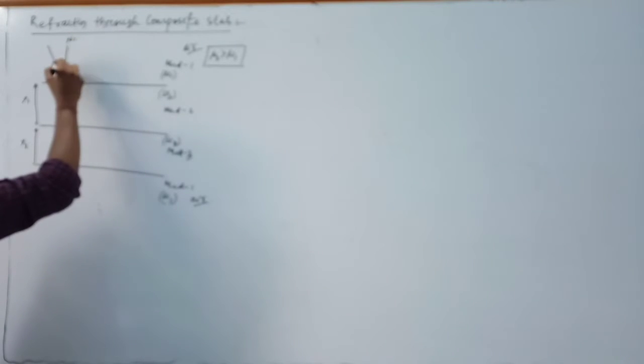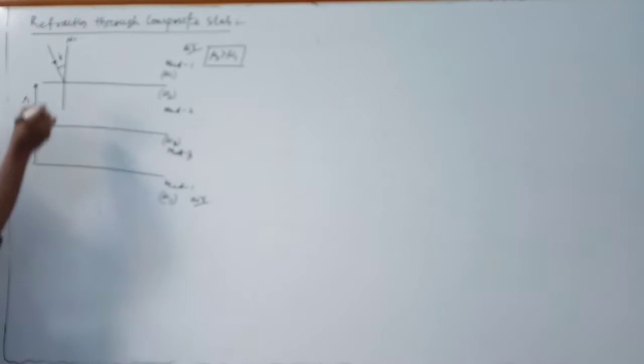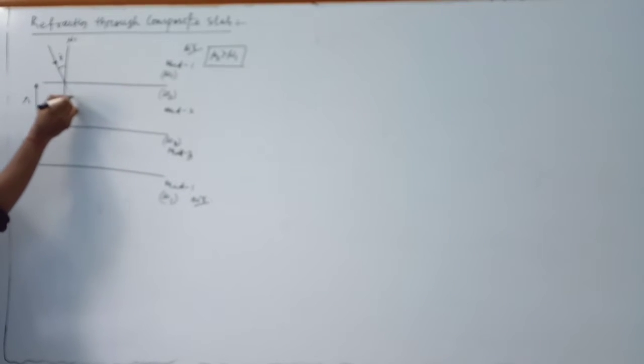Suppose this normal is N1 and this angle is known as the angle of incidence i, and this is the line of action in this direction.